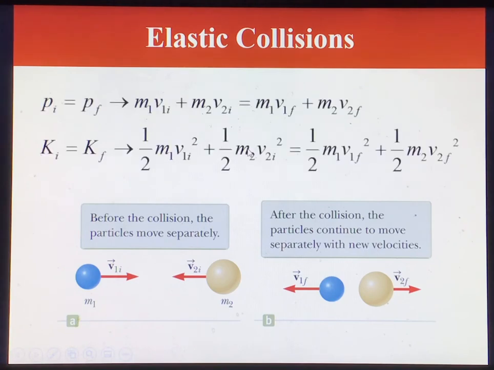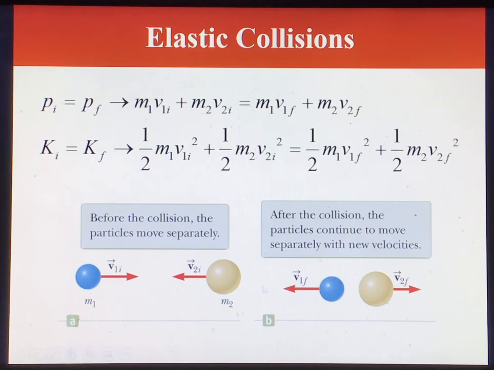Basically, I can write down two equations here. The first equation says that the total momentum before is equal to the total momentum after. So M1 V1I plus M2 V2I must be equal to M1 V1 final plus M2 V2 final. Then also I can assume that if there are no external forces acting on the system, the total energy of the system should not change.